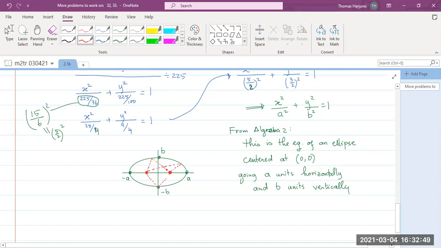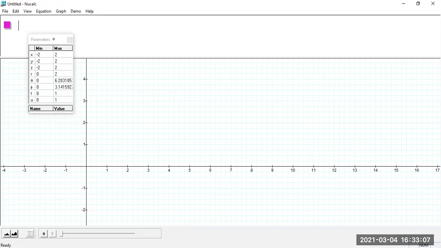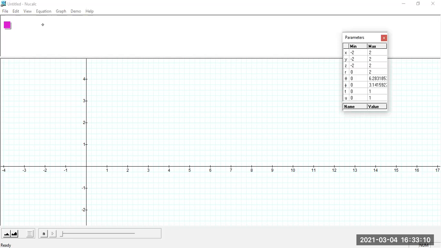Okay. Now, there's a benefit for such construction. But before I do that, let's see the graph of what we did earlier. So we have, I think that's 36x squared plus what? 100y squared equals 225.